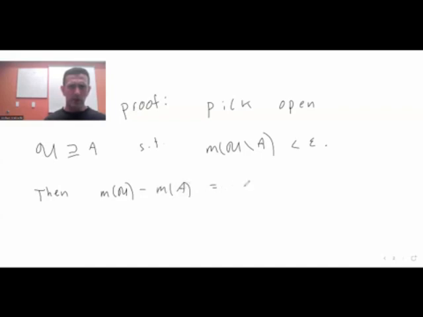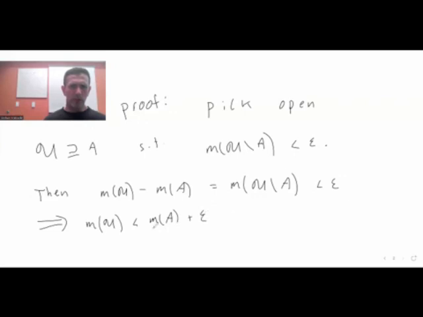because A is measurable with finite measure, it's going to be U take away A, this measure of U minus measure of A. This is less than epsilon. And I don't really care that this is less than the measure of A plus epsilon.